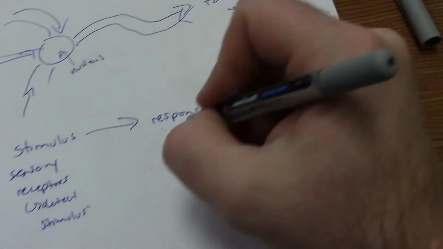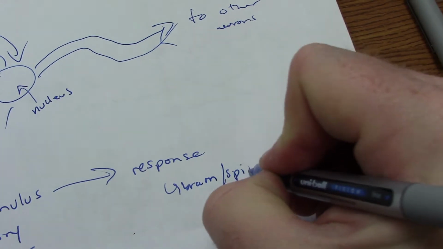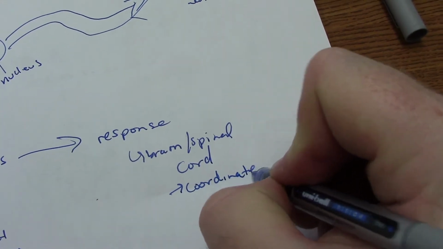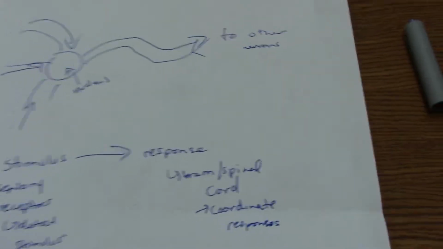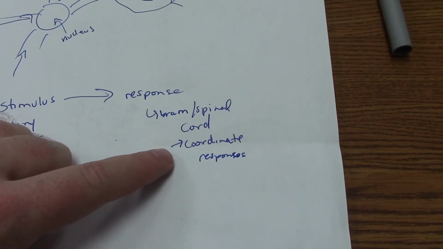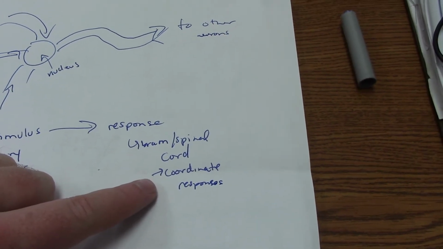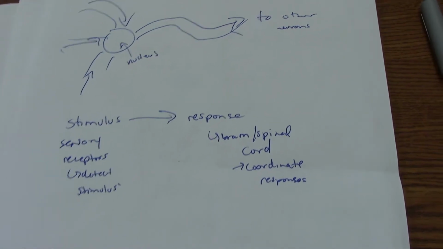The purpose of your brain and spinal cord is to coordinate responses. Right, so those stimuli get sent to your central nervous system, which is your brain and spinal cord, and the brain and spinal cord decode that information and then send a signal back to your body to coordinate appropriate responses.